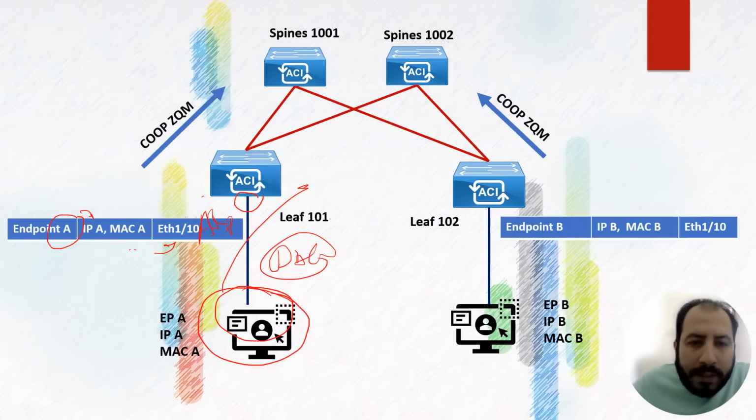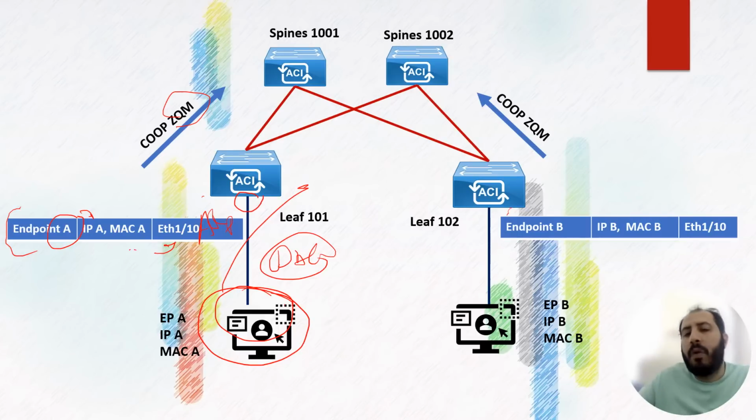Okay, once the leaf gets to know all the endpoint information, it will start to send all this information to the spine using a message called COOP messaging. The COOP messaging's responsibility in the Council of Oracle Protocol is to populate the spine with all the host information coming from all the leaves.